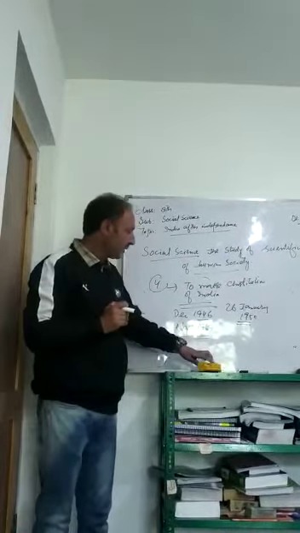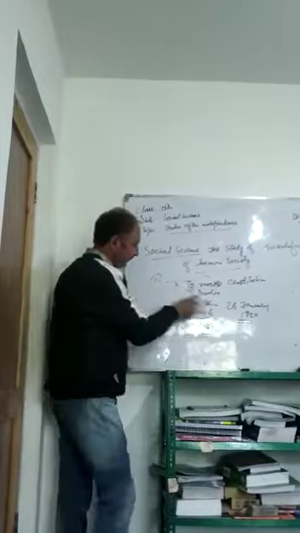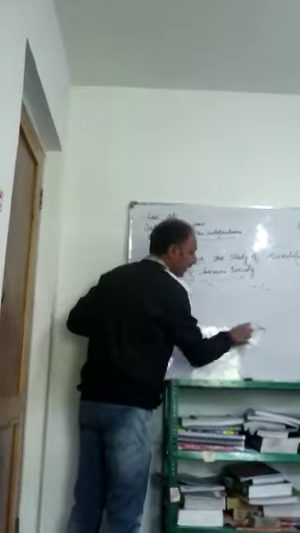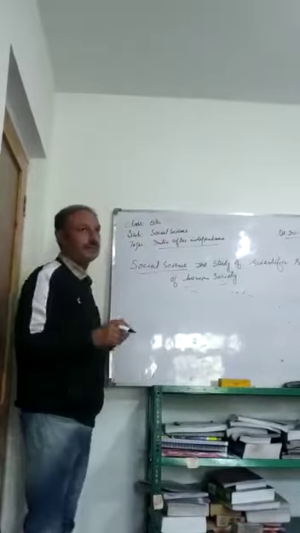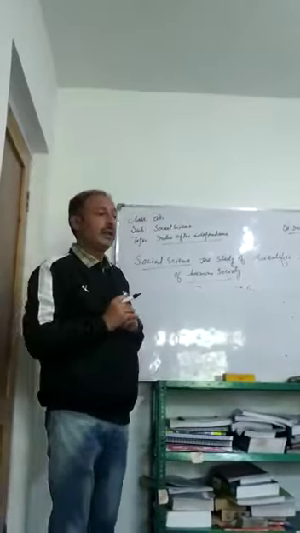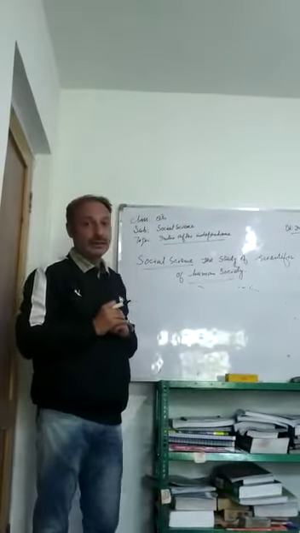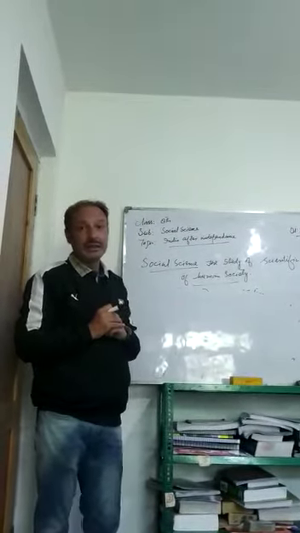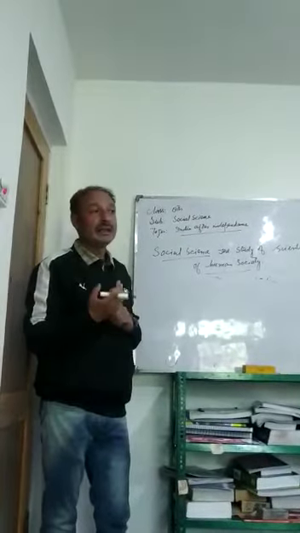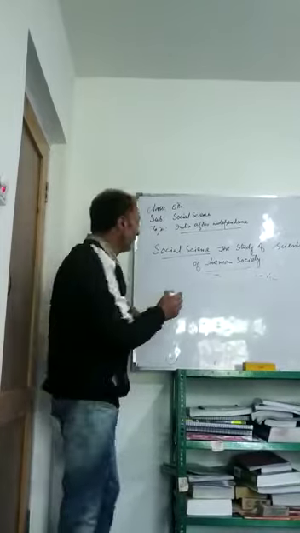What was the aim of the Constitution of India? The first aspect of the Constitution was the adult franchise. After independence, when the Constitution was made, the age of majority was 21 years.